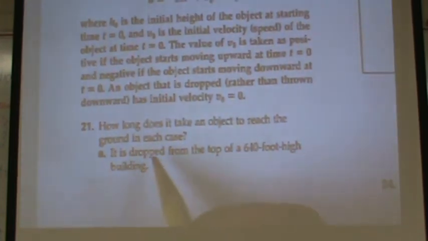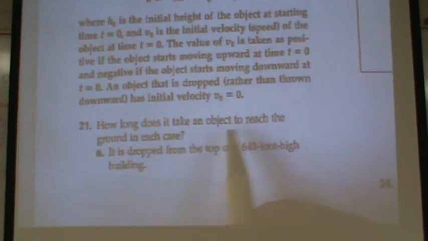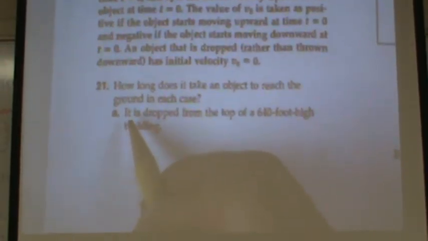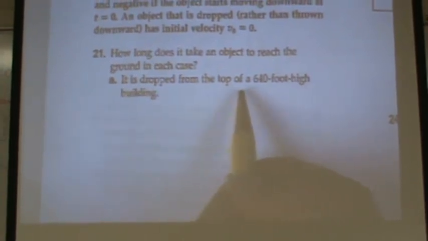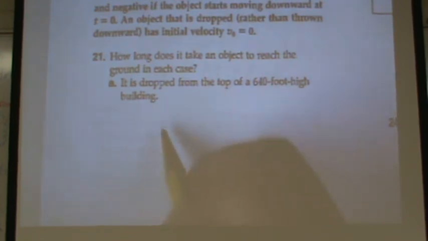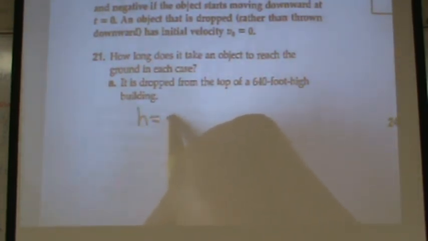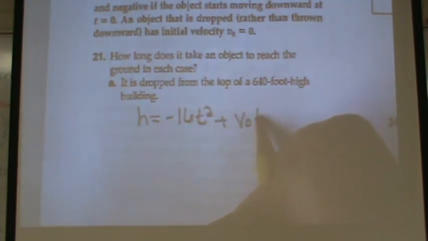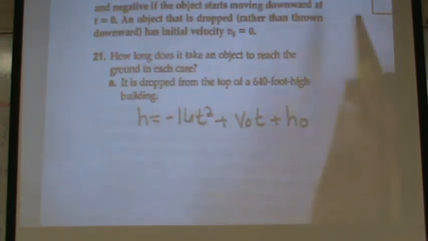So for 21, it says, how long does it take an object to reach the ground in each case? And this is one case. It's dropped from the top of a 640-foot high building. So your equation is h equals negative 16t squared plus v0t plus h0.